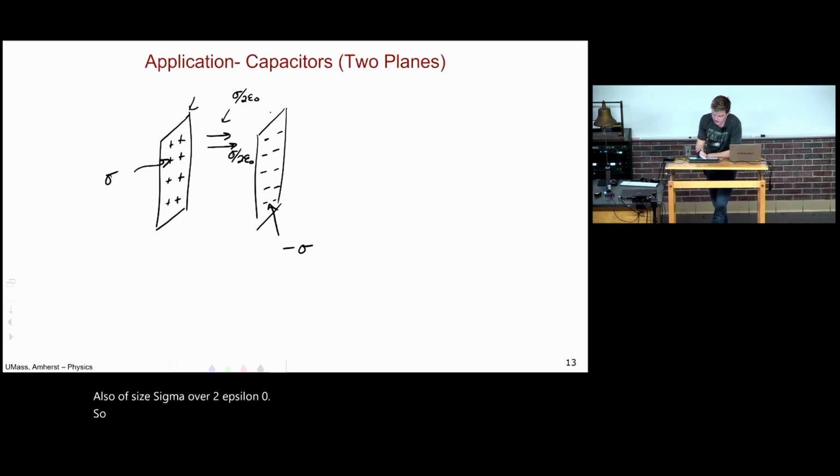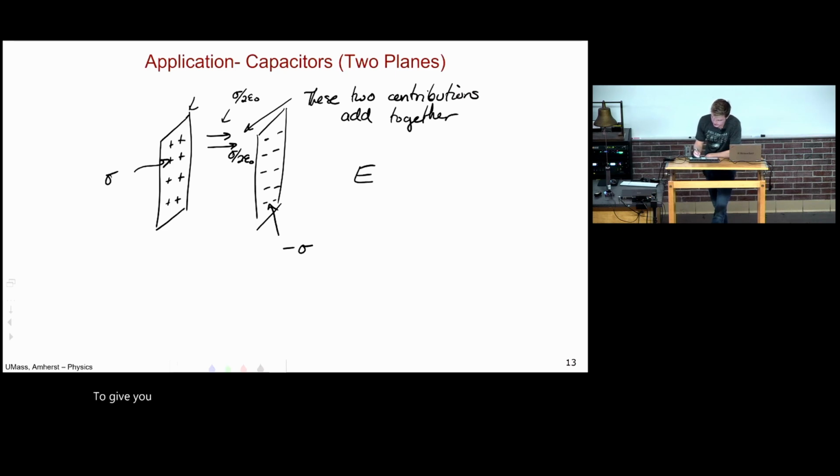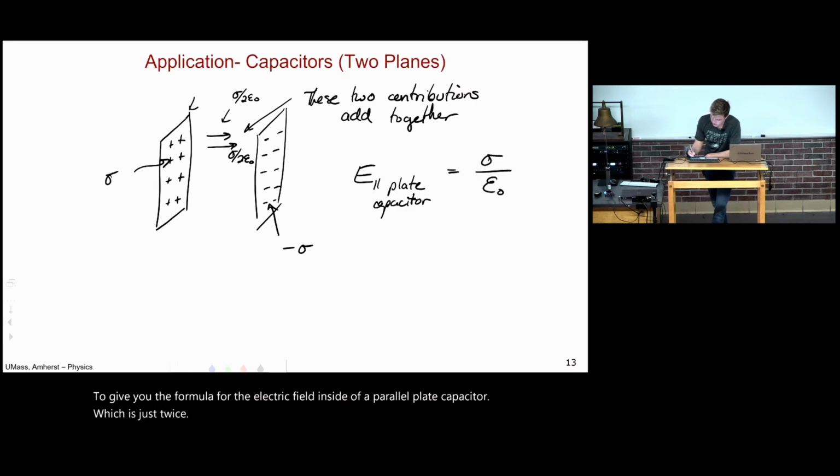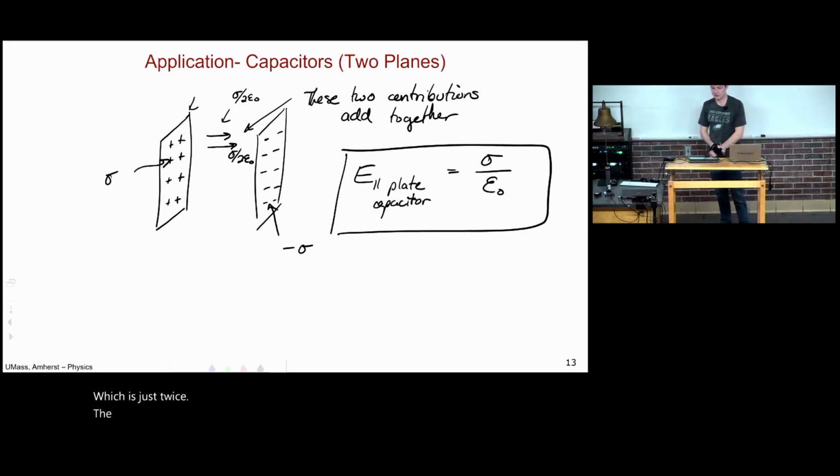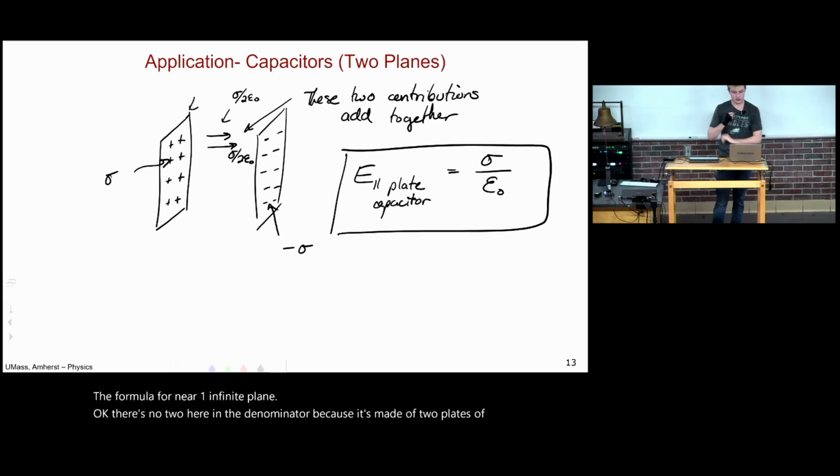So the two contributions add to give you the formula for the electric field inside of a parallel plate capacitor, which is just twice the formula for near one infinite plane. Okay, there's no 2 here in the denominator because it's made of 2 plates of oppositely signed charges.